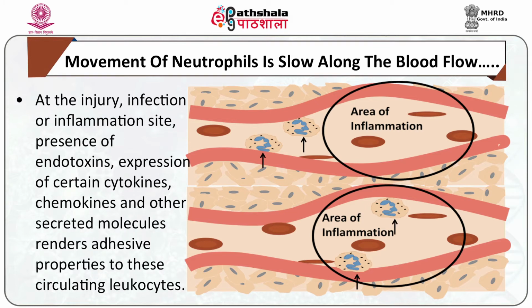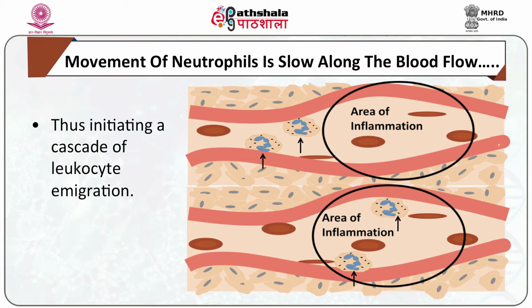But at the site of injury, infection or inflammation, the presence of endotoxins, expression of certain cytokines and chemokines and other secreted molecules render adhesive properties to these circulating leukocytes, thereby initiating a cascade of leukocyte immigration.